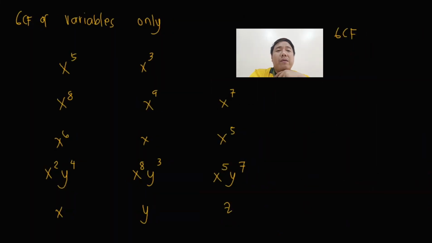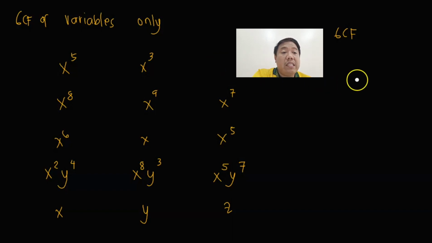Now, paano naman po, sir, ang GCF ng mga variable? Ito lang po mag-iusapan. As long as meron po same variable for all the terms given, then you just need to copy the variable with the lowest exponent. So, for example, we have x raised to 5 and x raised to 3. So, both terms will have the same variable.